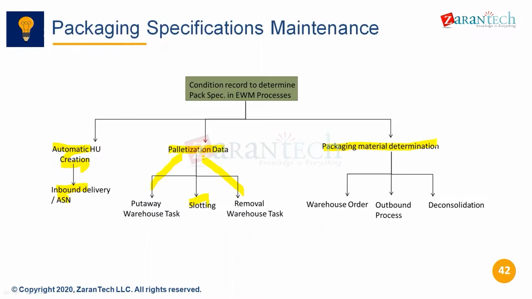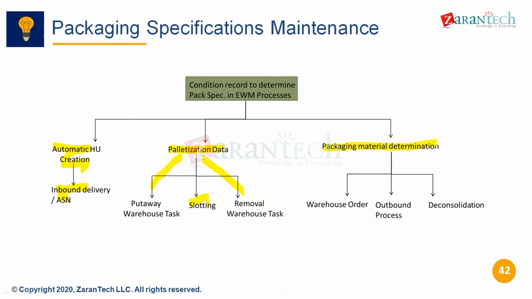For example, for my outbound process, I'm always going to pick into a trolley. A trolley is a packaging material. Whenever I'm picking from, let's say, 8005, I always pick into a trolley. So the trolley is my packaging material.